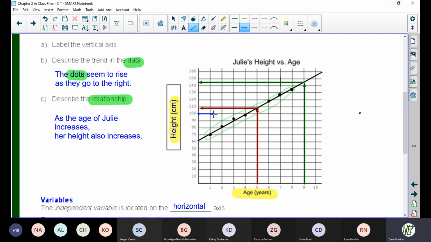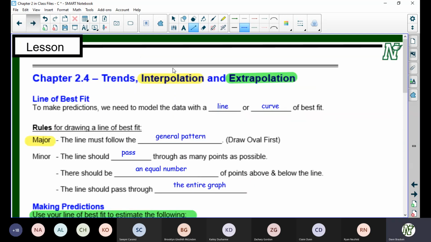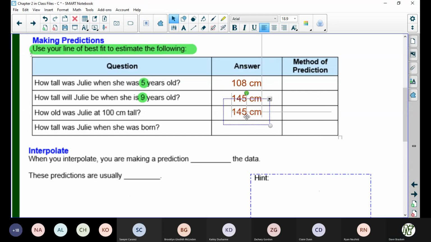And I go all the way across until I hit my line of best fit. And I go straight down. And I see that I'm right around 4 years old. So I can go back to my table and I can say she was about 4 years old.